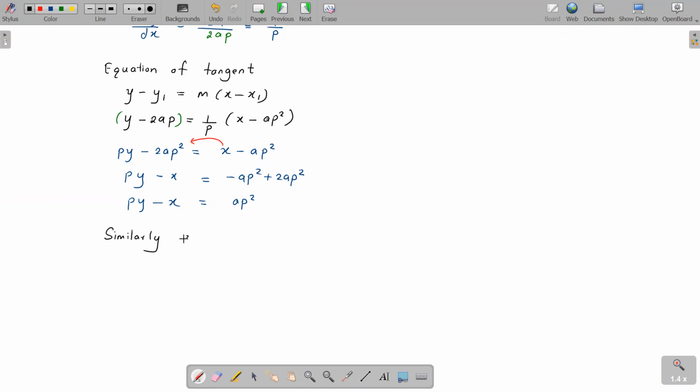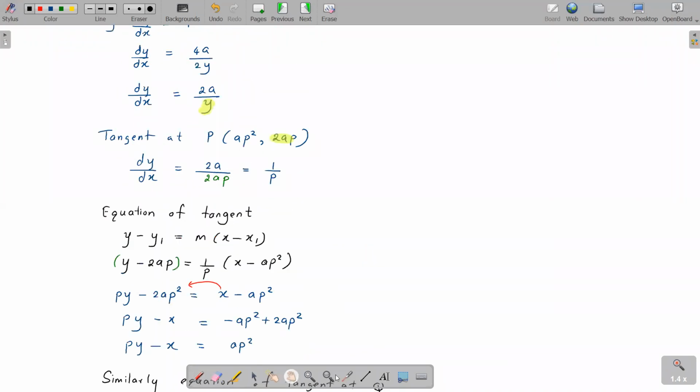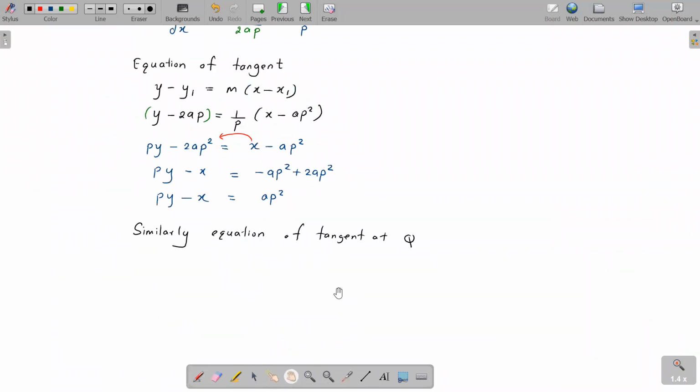Similarly, the equation of tangent at Q will be what? The only difference is that instead of AP square, 2AP, use AQ square, 2AQ, right? So the whole process is the same.